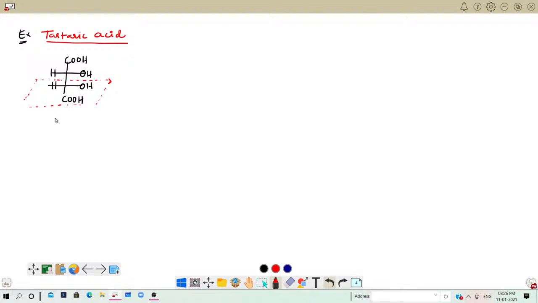That's what this compound is said to be, has plane of symmetry. Therefore, this compound is a meso compound. And this is called mesotartaric acid.